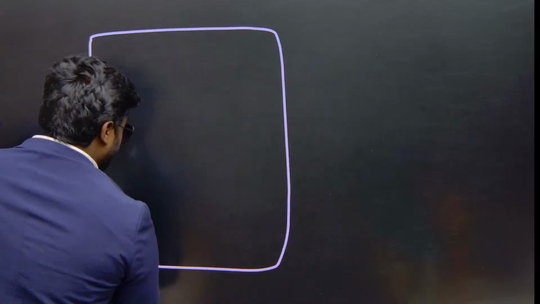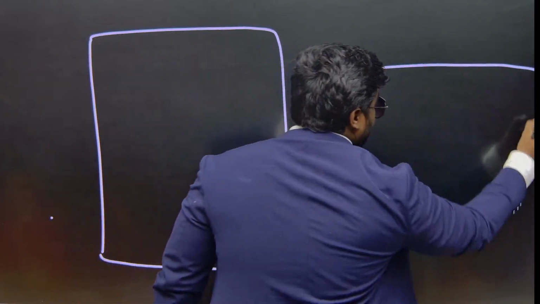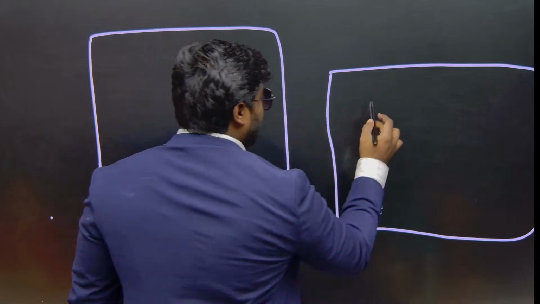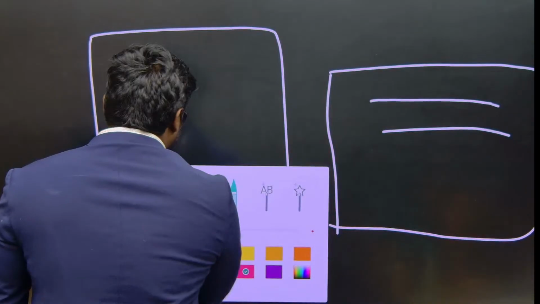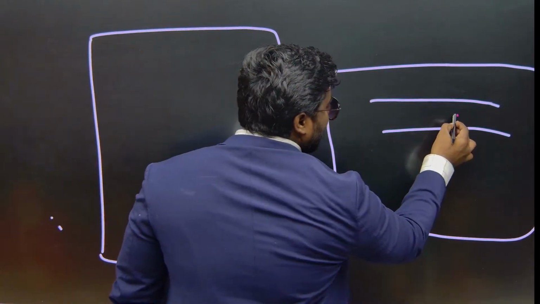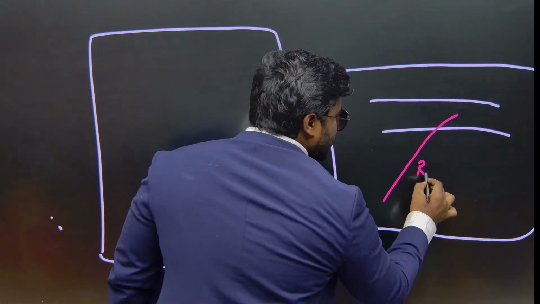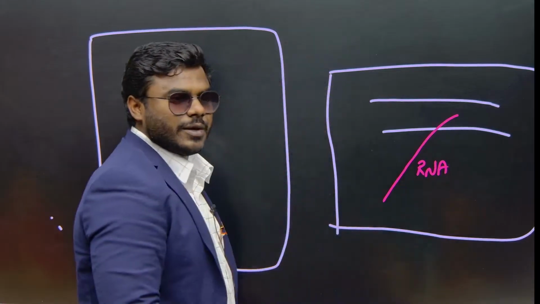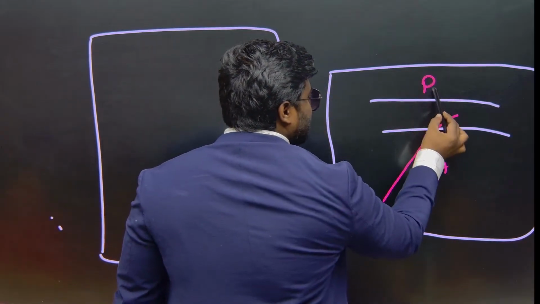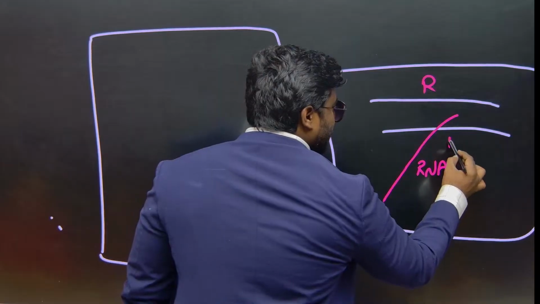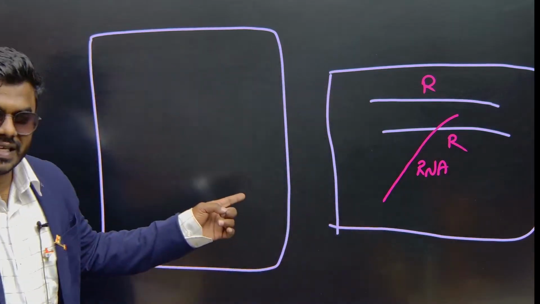Let's consider this is a eukaryotic cell and this is a prokaryotic cell. Don't get confused. DNA replication means there is a synthesis of the DNA. Immediately what is coming out? RNA comes out. This is called transcription. So replication happens in the cytoplasm, transcription happens in the cytoplasm only.